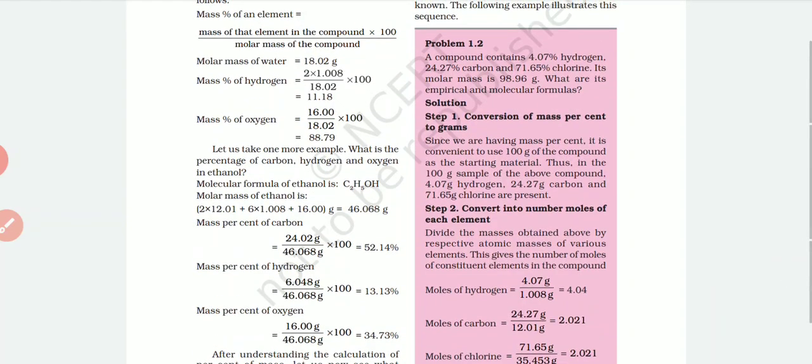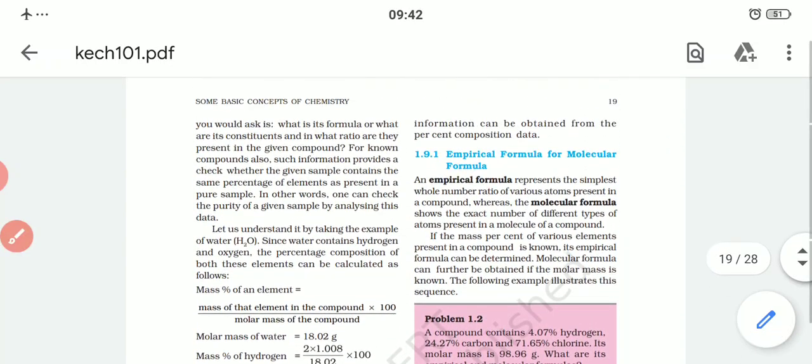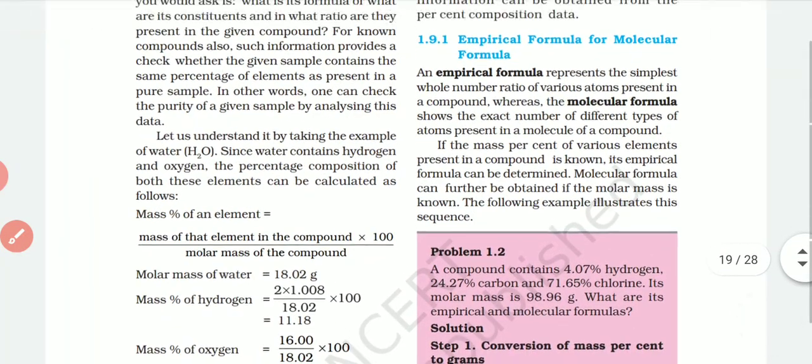What are its empirical formula and molecular formula? First, convert this mass percentage into grams. So how do we convert? See the above theory, how we convert percentage to gram.